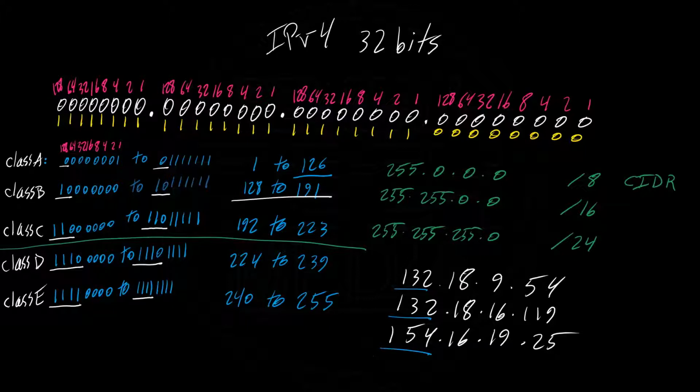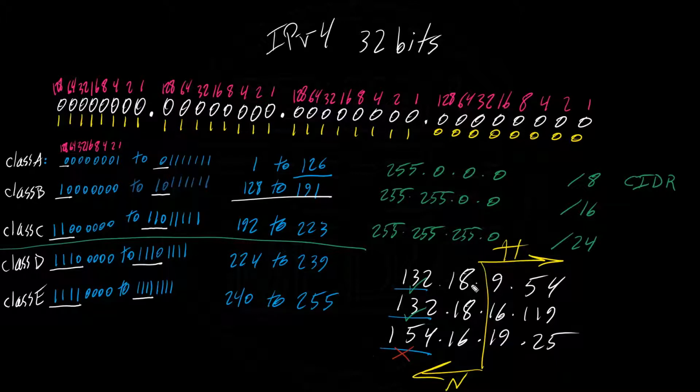So for class B, the first 2 octets belong to the network, the last 2 belong to the host. So 132, 132, 154. 132 and 132 matched, 154 is not matched.